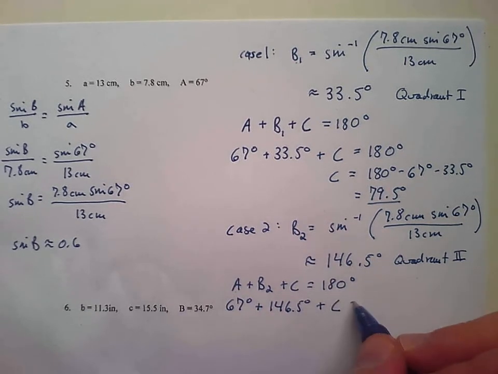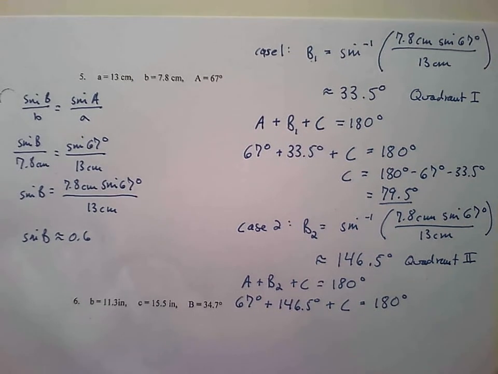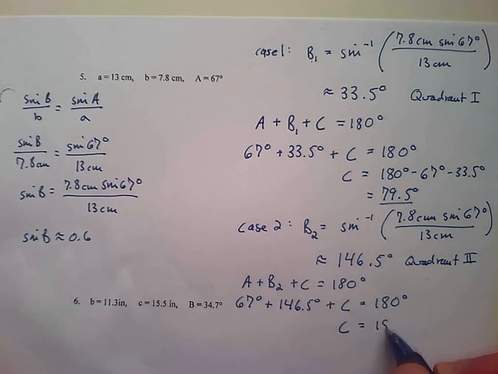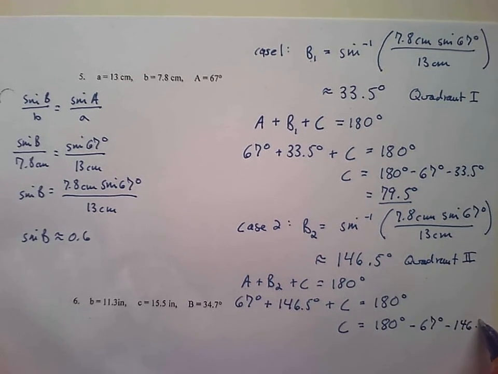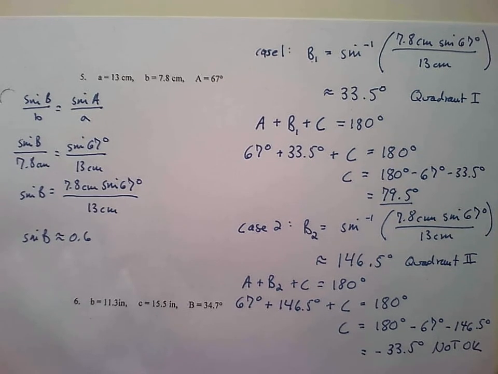If we add that to C, then we should get that the three angles of a triangle add up to 180 degrees. But if we now solve for C by taking 180 degrees, subtracting 67 degrees and 146.5 degrees, we'll now get that angle C must be a negative 33.5 degrees. And this is not okay. We cannot have an angle for a triangle that's negative.